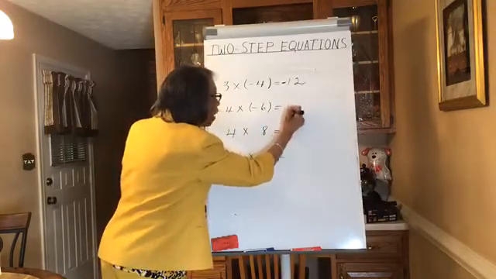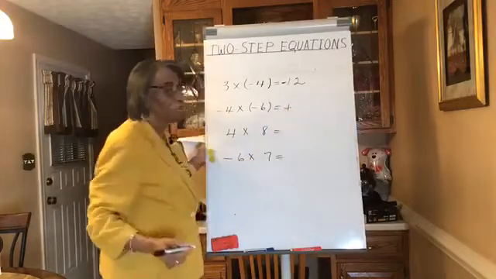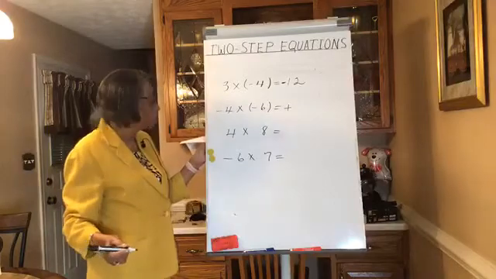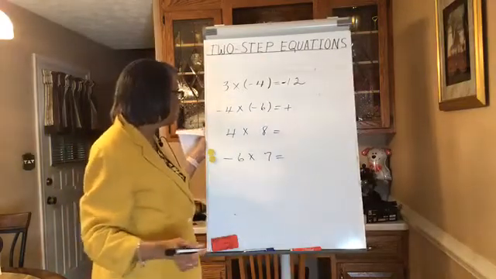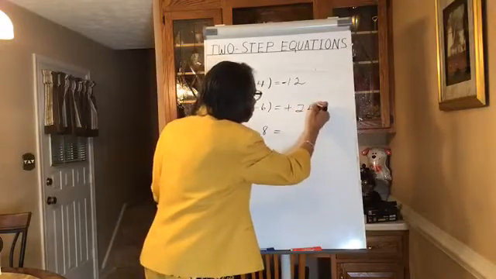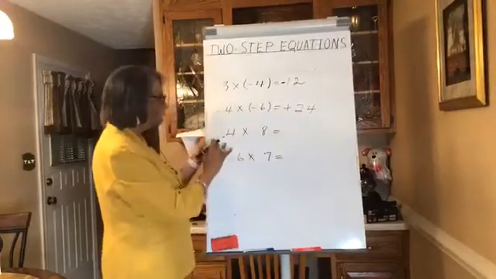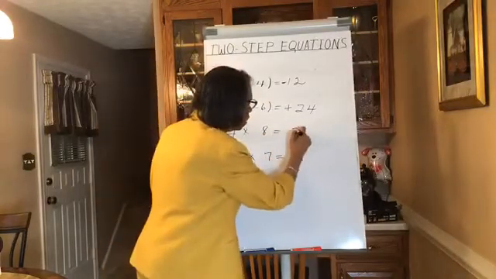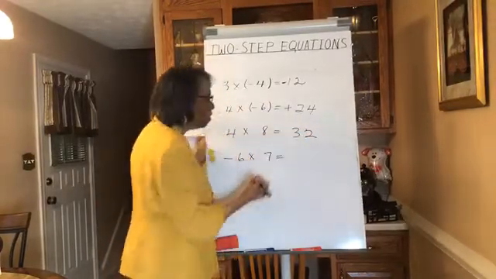So the product is positive, and I'm going to put the sign here just for you to remember that, though we don't always write positives. And 4 times 6 is 24. All right, both positives. 4 times 8 is 32. And of course, it's positive.